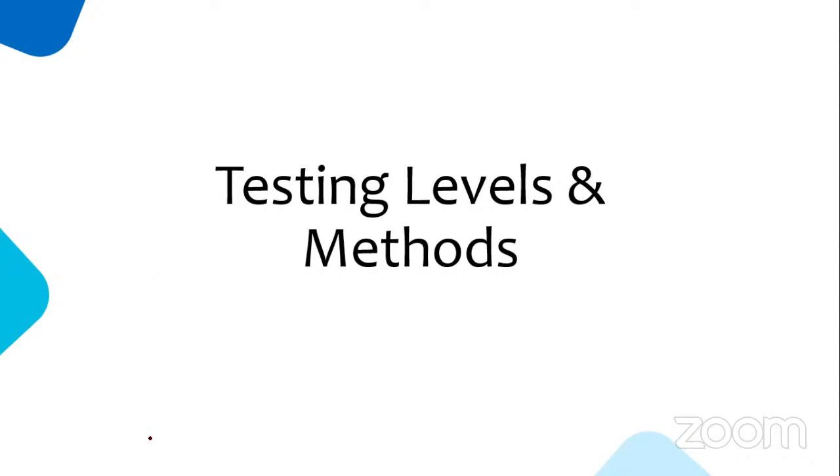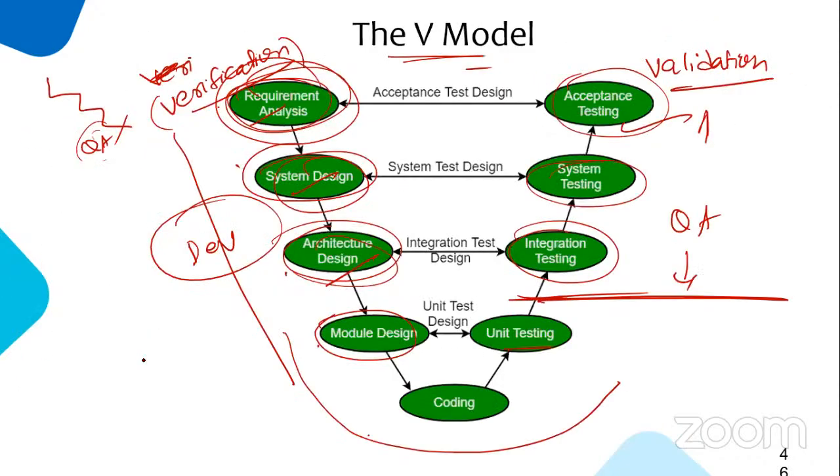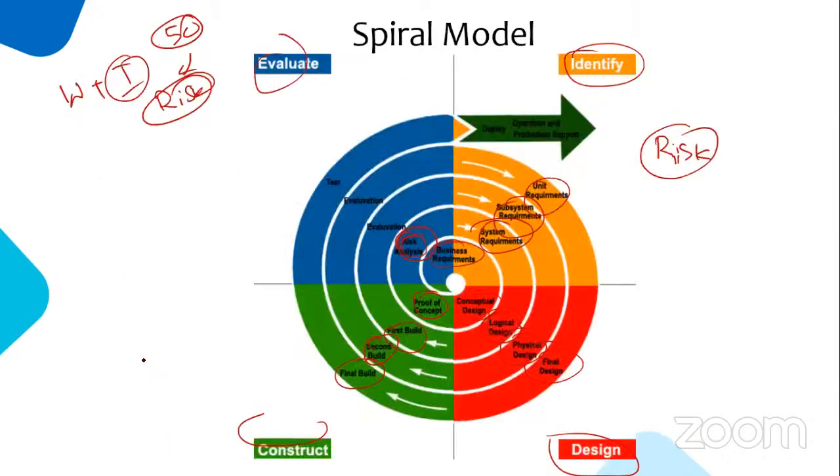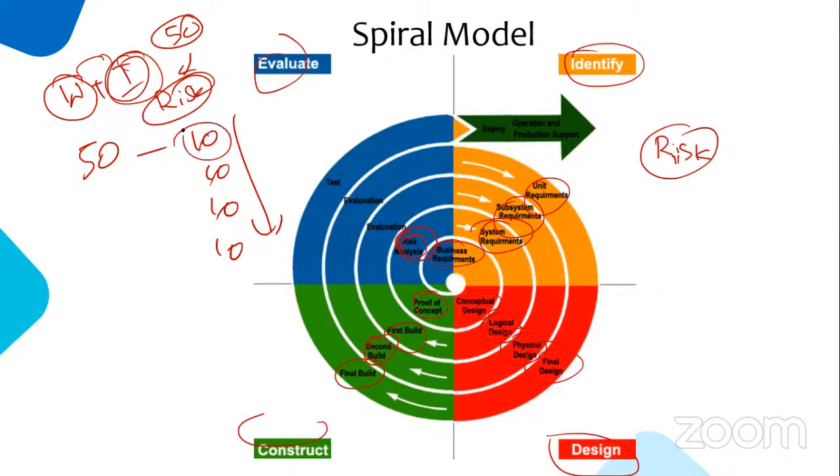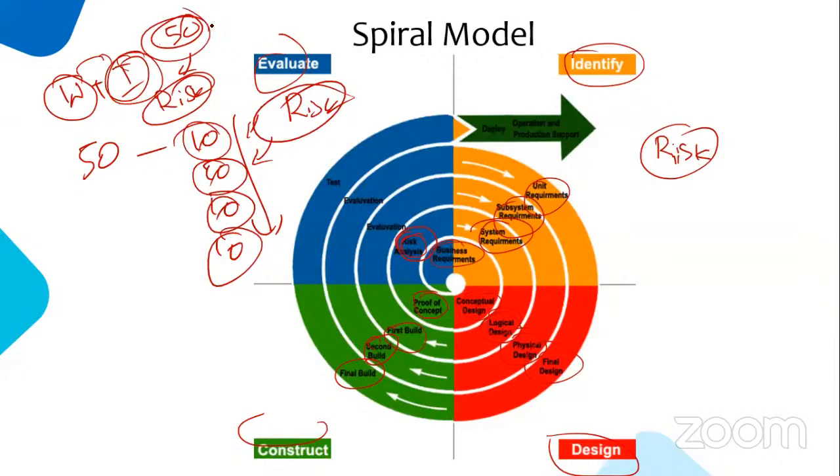Okay, Joseph. Joseph's question is, could you please explain the spiral model again? See, if you understood the waterfall model, that problem is resolved in the iterative one. The 50 requirements are split into 10, 10, 10, just as an example, and they are developed in an iterative, incremental way. Now every development is analyzed based on the risk part. See, all 50 will not always be used.